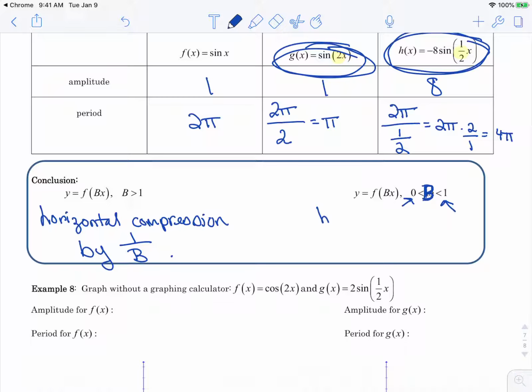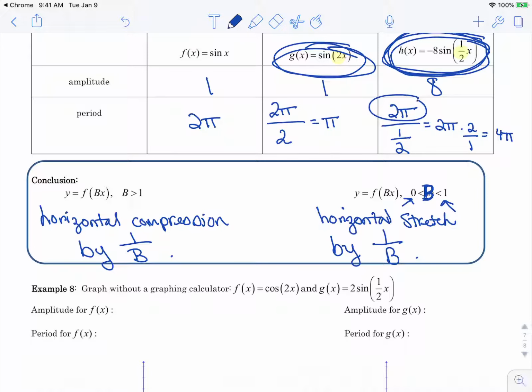Well, that one, if you can remember, was a horizontal stretch by 1 over b. So this one would be a horizontal stretch, by 2. All right, so for instance, I'm doubling the period. Here, I halved the period.